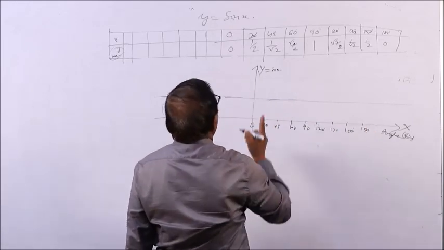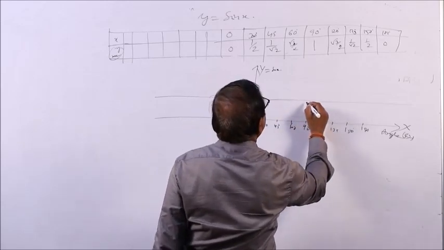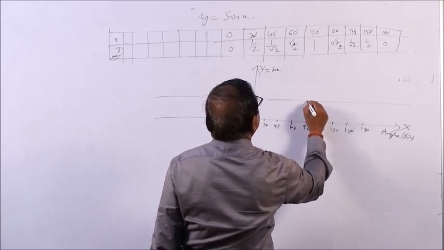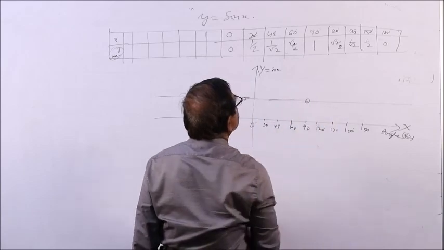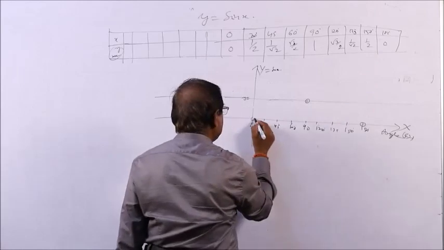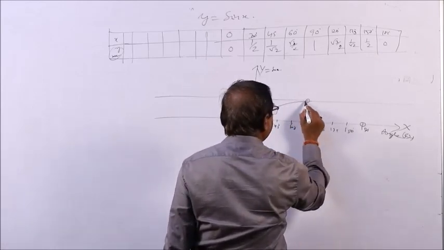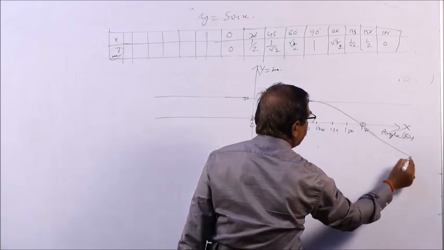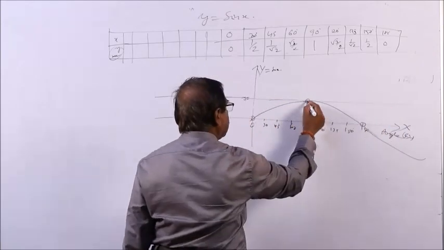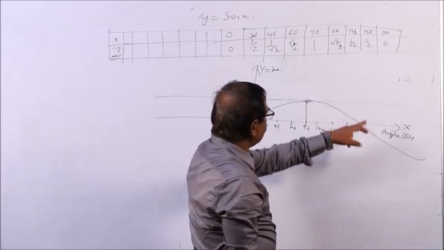Sin 90, you see this value is 1 because y is equal to 1 here. Yes, this is a point, and sin 180 is 0, sin 0 is 0. What happens? The graph goes like this and so on.